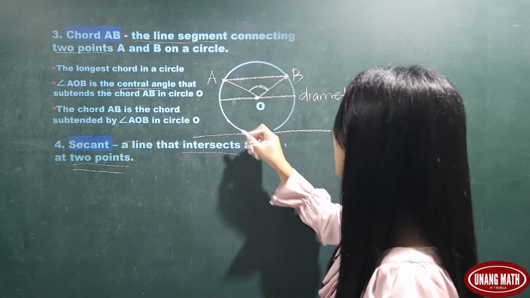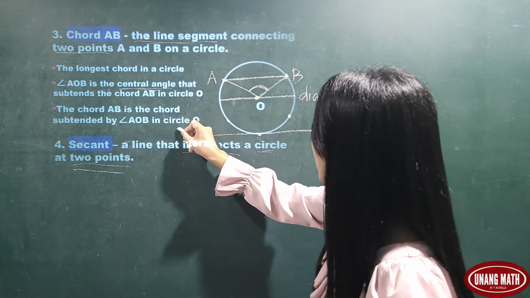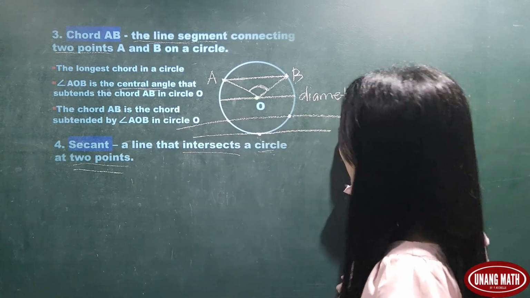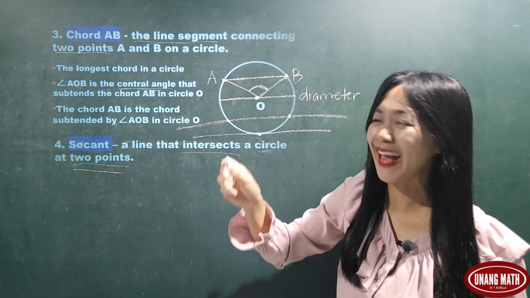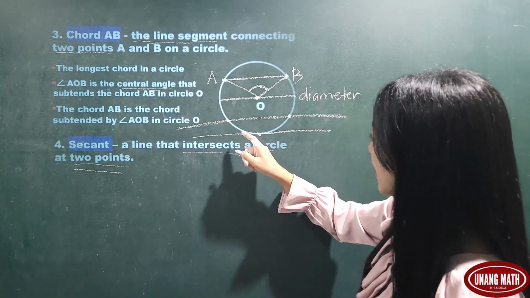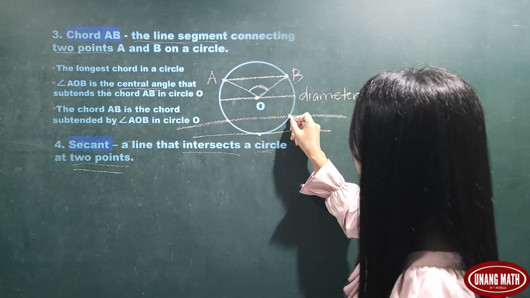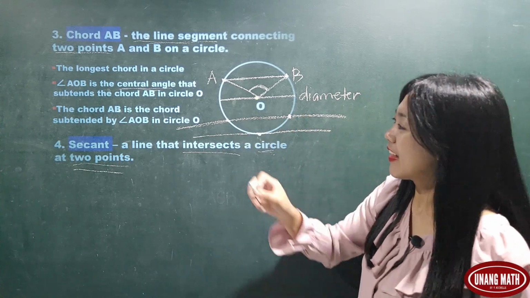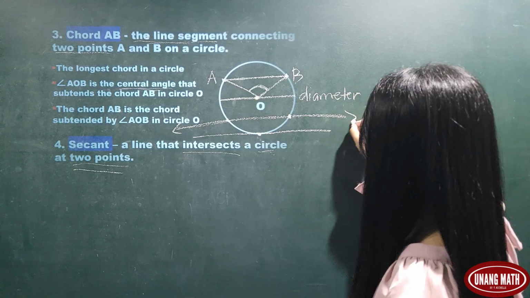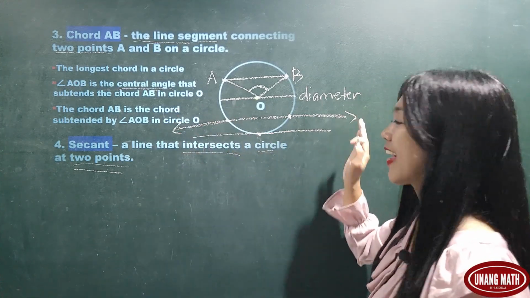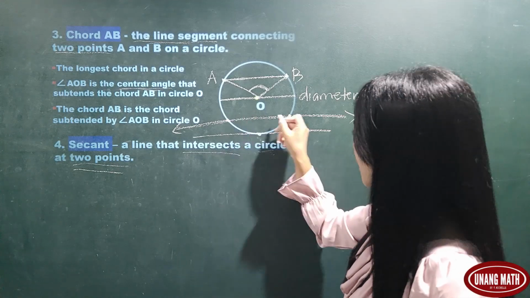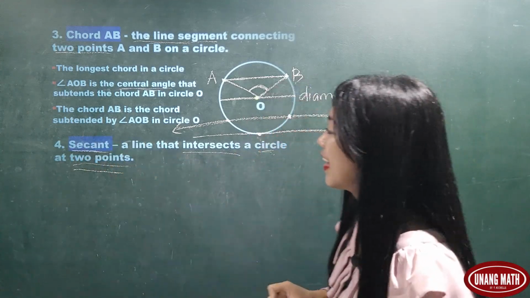So let's say this point, and then draw a straight line here. Then this line is secant because it intersects this circle at 2 points. This is actually a line. It doesn't have starting and end points. So this line is also specifically called secant.